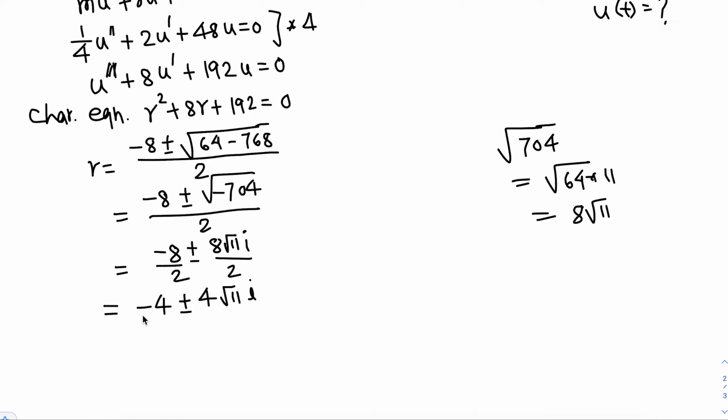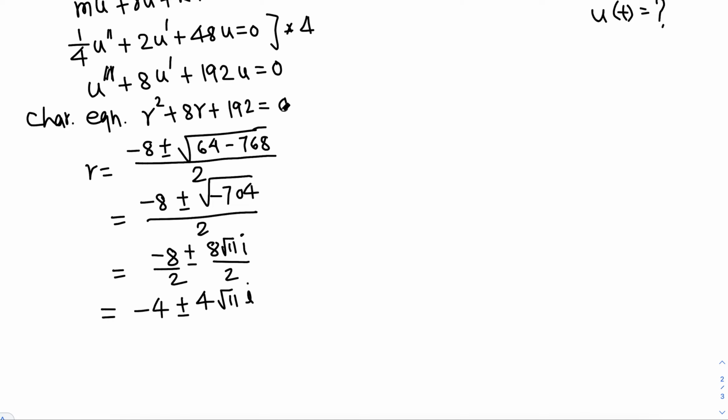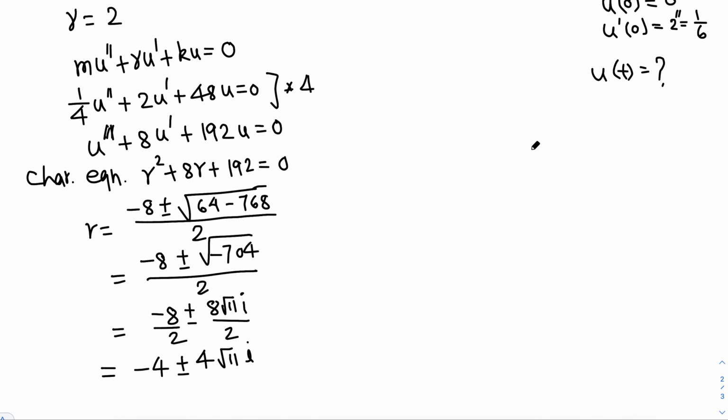This is the lambda plus minus mu i case. Now we can write down the solution based on these complex roots.